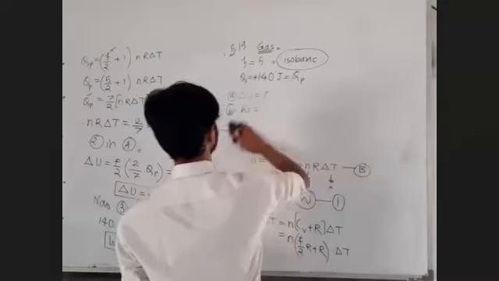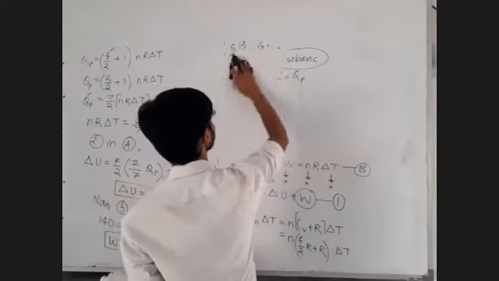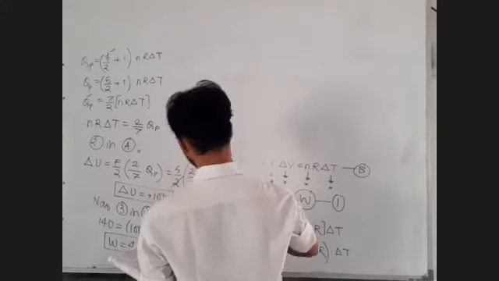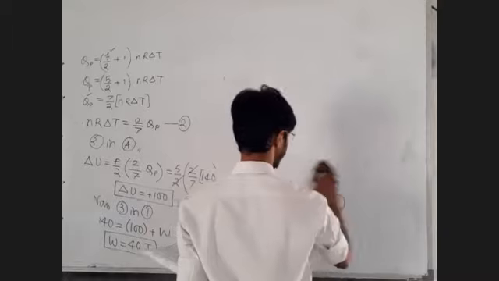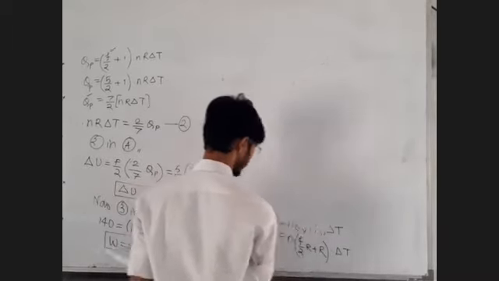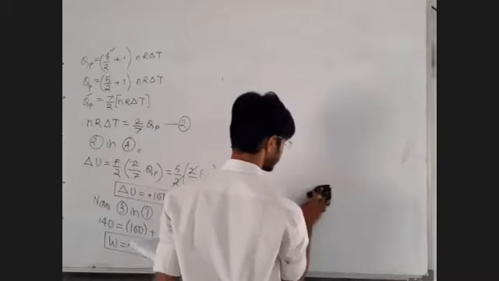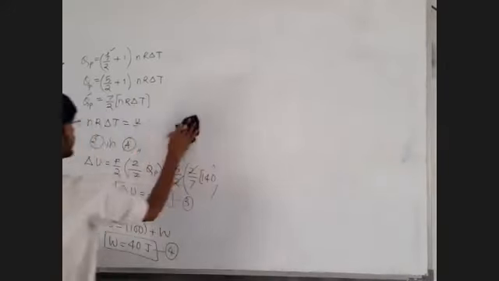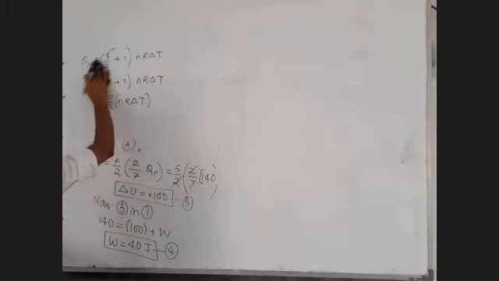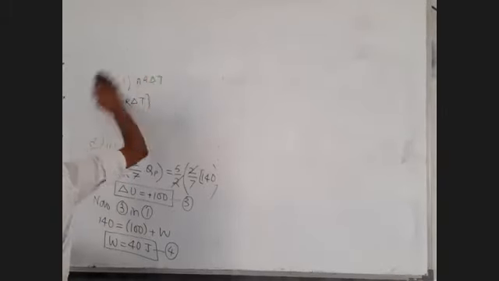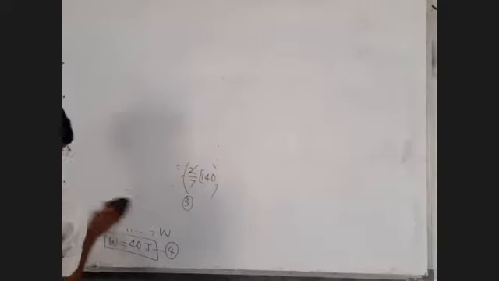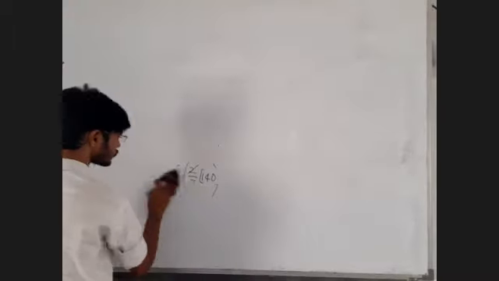Application of FLOT to different processes. Now we will consider one by one all processes, and we will try to apply the first law of thermodynamics to that process. Fine, let us try to do that.